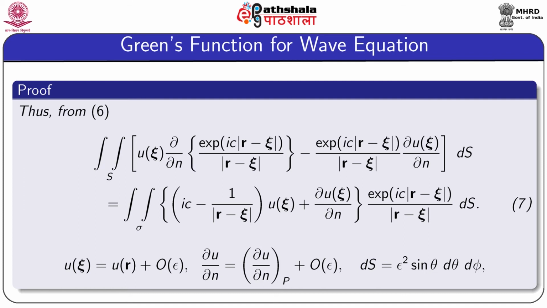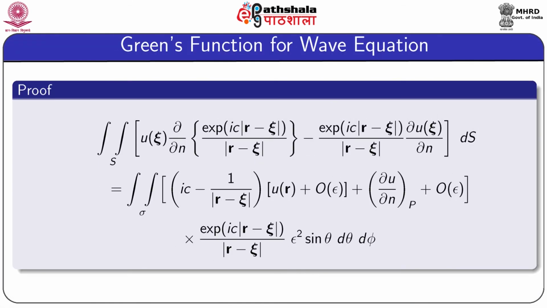So, if we substitute this in the right hand side of equation 7, it becomes, which you can see in this slide, surface integral over sigma i c minus 1 by mod r minus xi u at r plus order of epsilon minus del u del n at the point P or r minus 1 by epsilon into this is u dash term into ds, this is epsilon square sin theta d theta d phi.